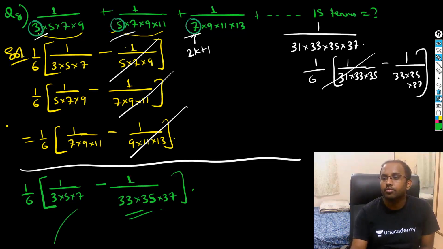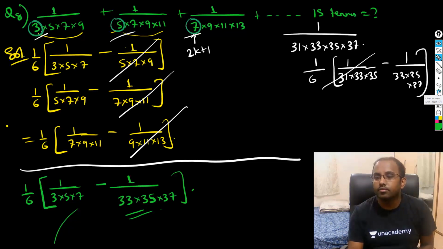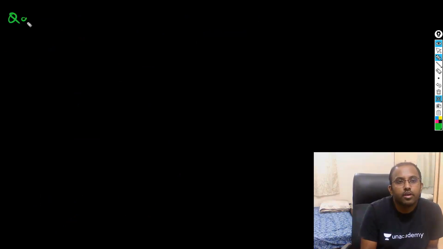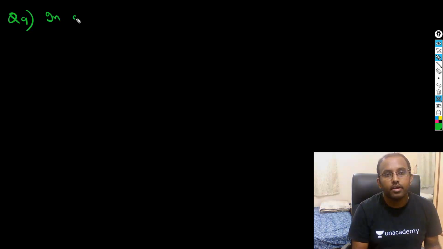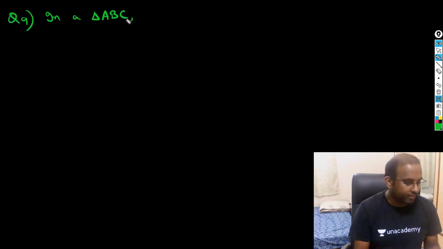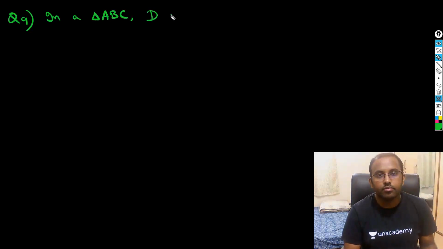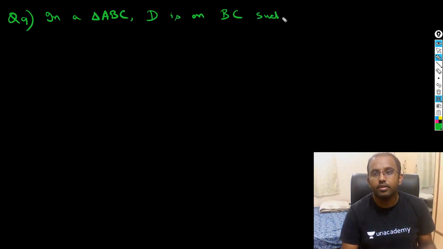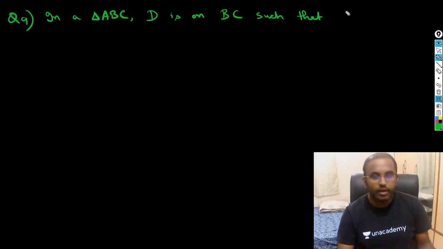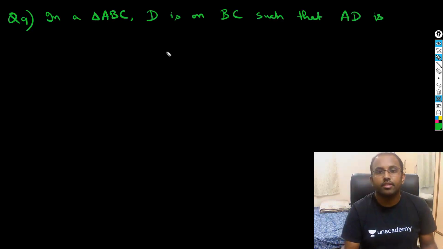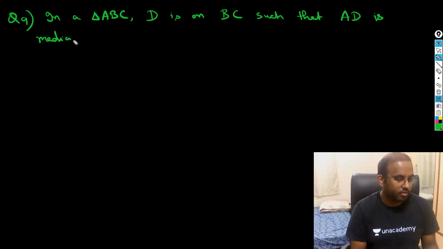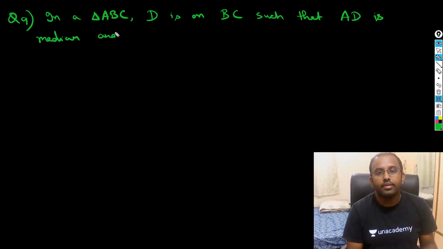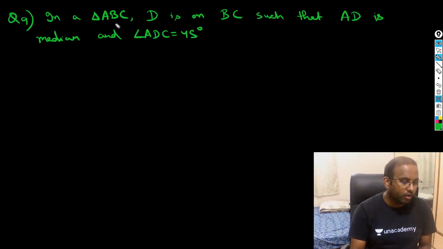Chalo, let's move to the next question, guys. In a triangle ABC, D is on BC such that AD is the median, and angle ADC is 45 degrees.